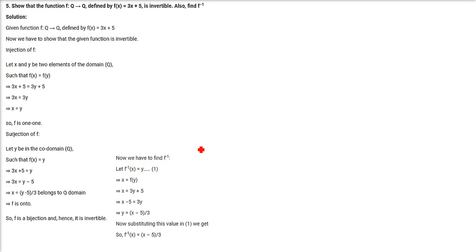Question number 5. Show that the function f from Q to Q, where Q is the rational numbers, defined by f(x) equals 3x plus 5 is invertible. Also find f inverse. This question and the next question are exactly the same, so understand it very carefully. f(x) is equal to 3x plus 5.